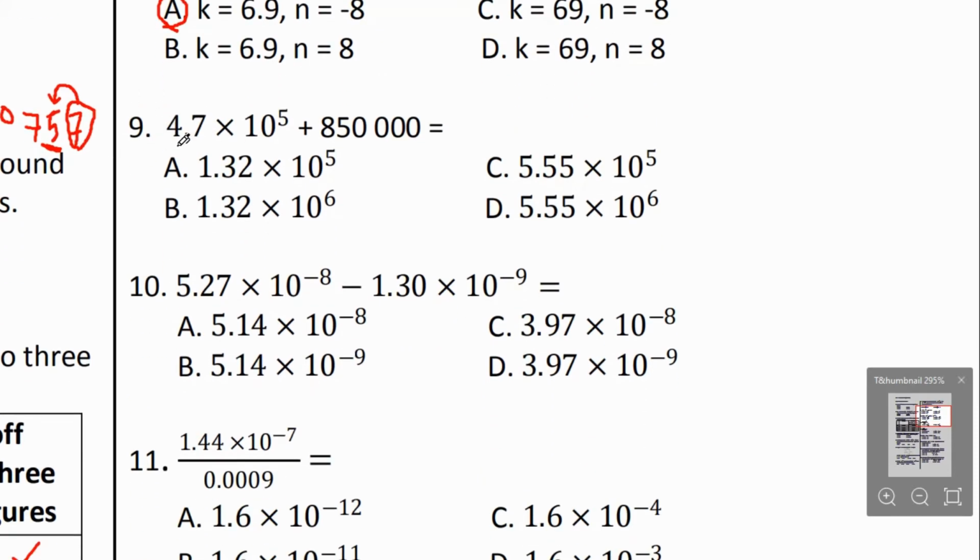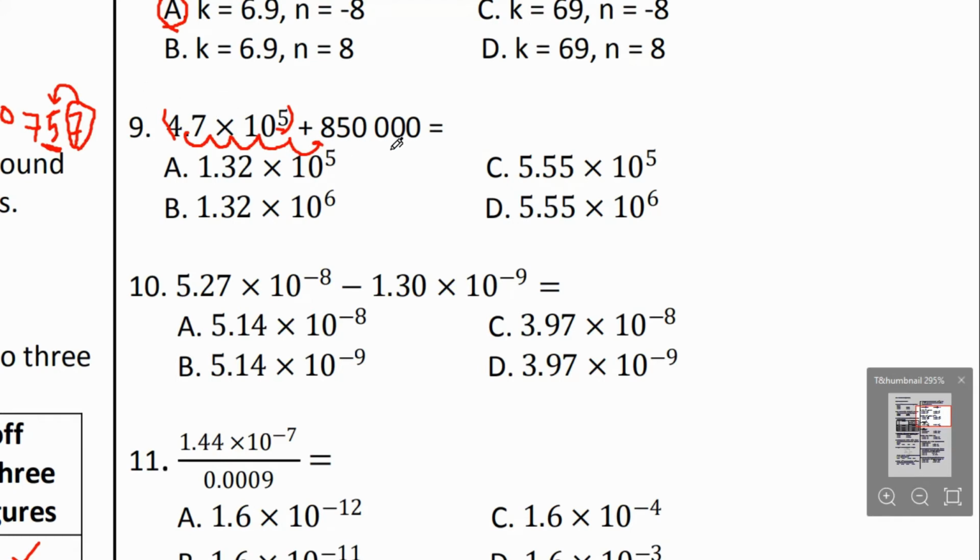Number 9, 4.7 times 10 to the power of 5 plus 850,000. So this one, we have several methods. The easiest one is, okay, we change this to a normal number. So power 5 means we move the decimal to the back 5 times. So 1, 2, 3, 4, 5.